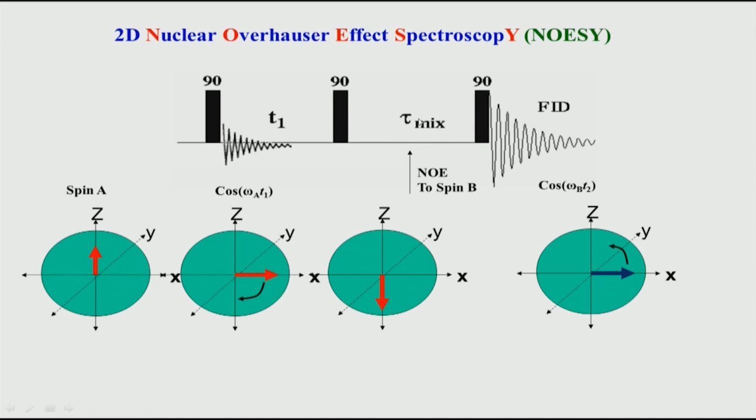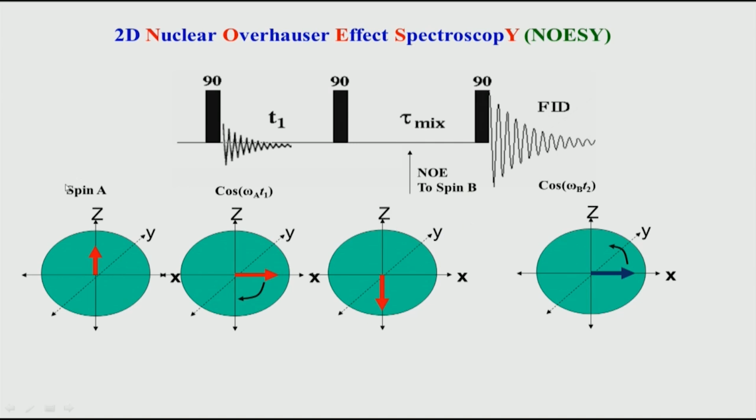So, during this delay, what happens is that the polarization of spin A, which is inverted, affects the polarization of B because of this effect known as dipolar coupling, and we use the word NOE. So, because of the NOE interaction between two spins A and B, if they are close in space. Please keep in mind we are talking about proximity here. So, these two spins are, let us say, close in space, less than 5 or 6 angstroms.